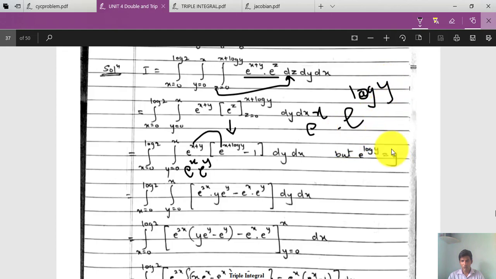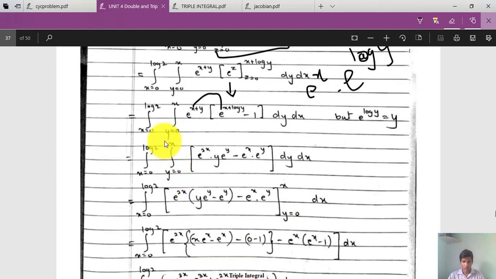What is the value of this? It is y, and that is the reason I can write it as e raised to x into y. So after evaluating it, this becomes e raised to 2x times y, minus e raised to x.